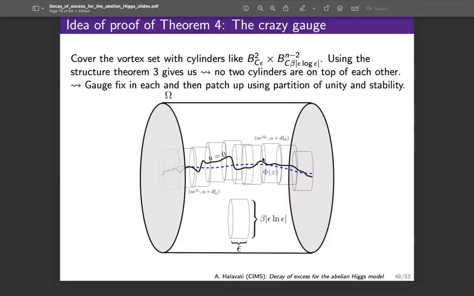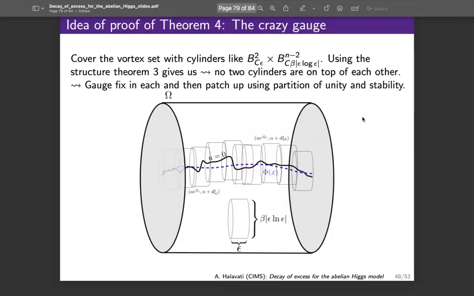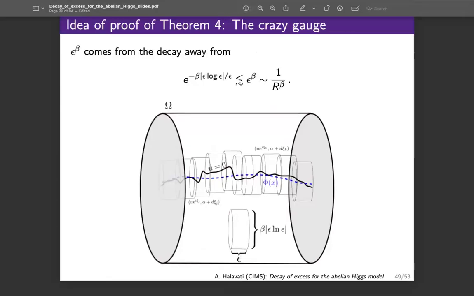And in fact, you can attach everything and construct a gauge such that you can, say, attach the pullback solution to the boundary conditions. And why beta epsilon ln epsilon? Basically because away from the cylinder, the exponential decay of the energy gives you epsilon to the beta.